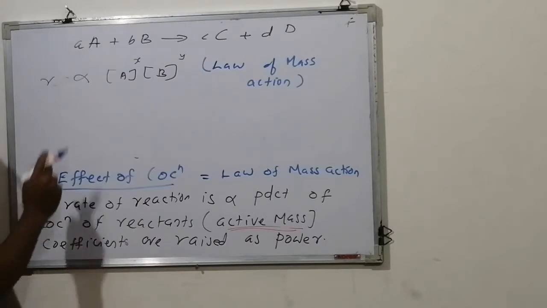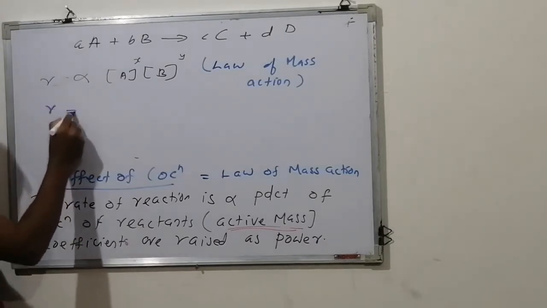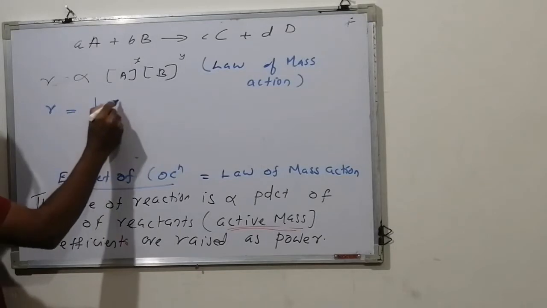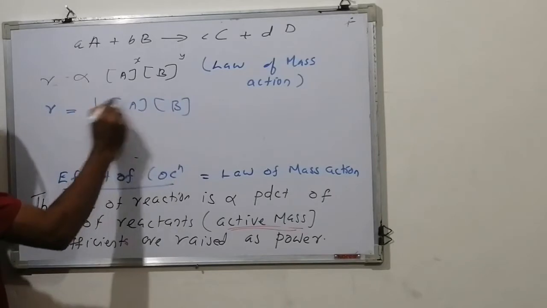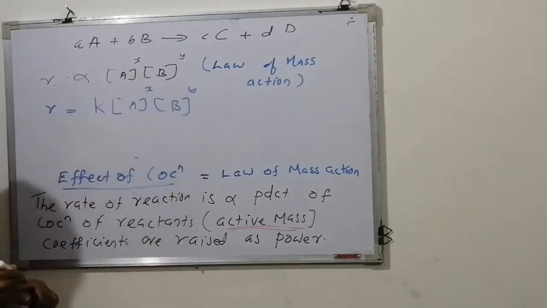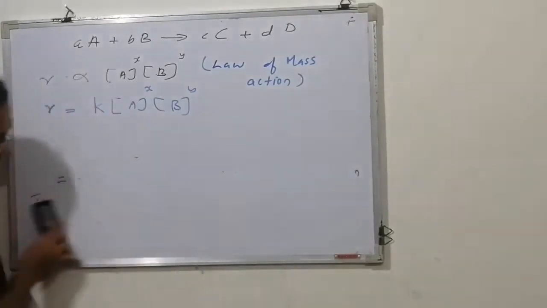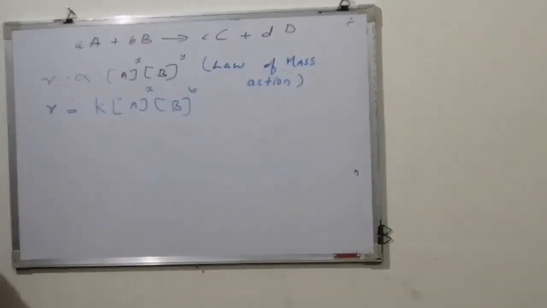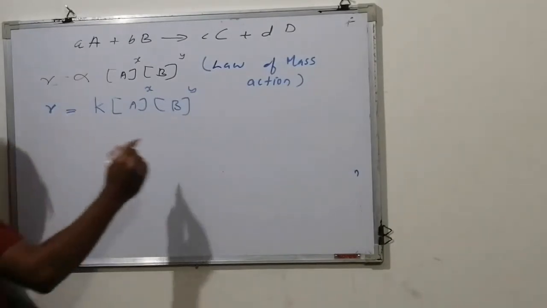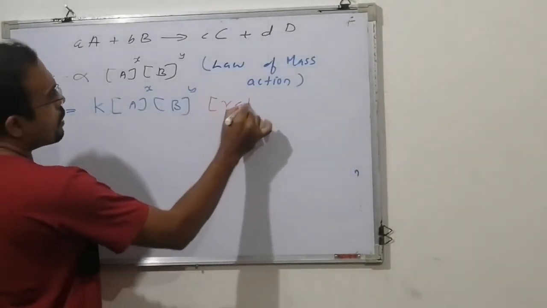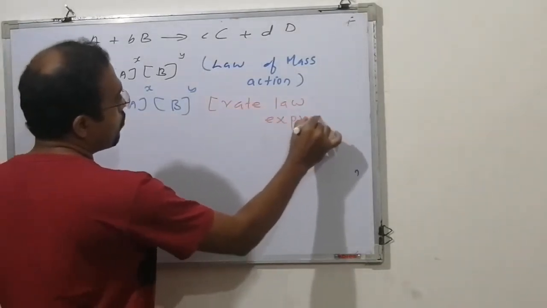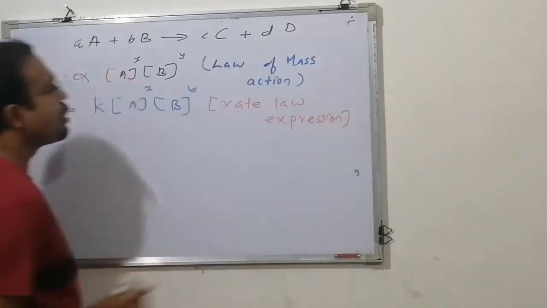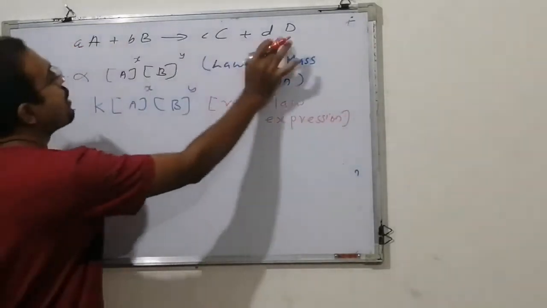Now, this proportionality constant is replaced by a constant, that is K. When you express the rate with a rate constant, this expression is called the rate law expression. This expression is called rate law expression of this reaction.